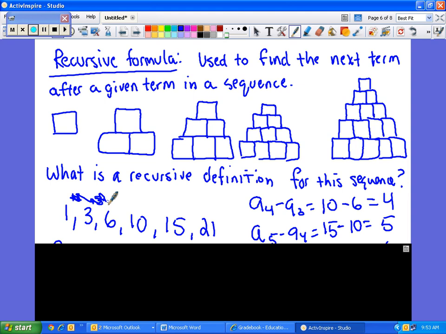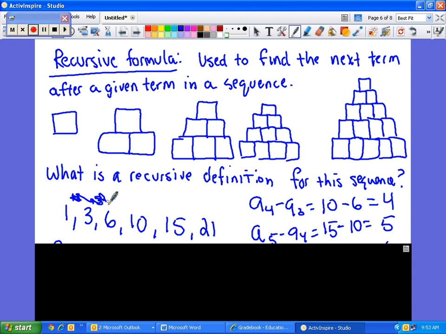Step number 2 is what you want to do is find the pattern. What you want to see is what's happening as we go from term to term.